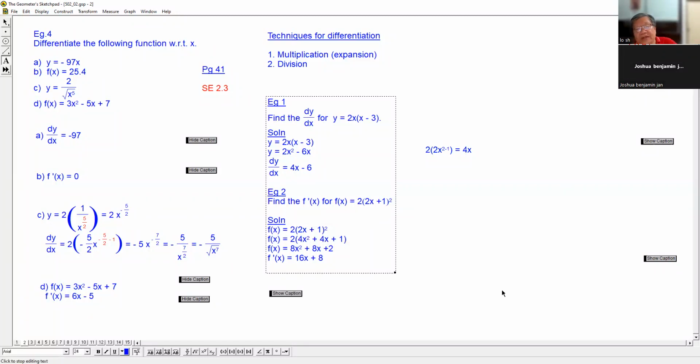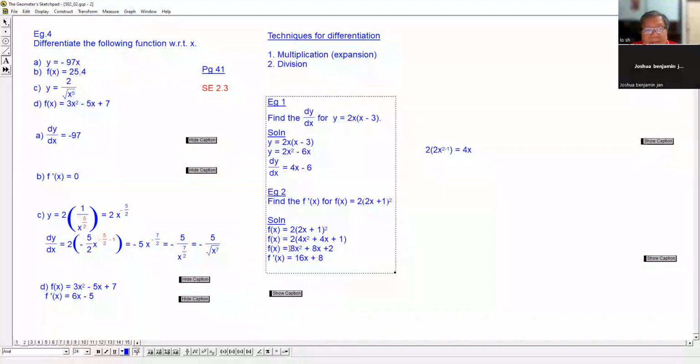So this is the quadratic, right? Then multiply the 2 inside. Because there's still a bracket there, you cannot differentiate. You have to go until there's no bracket, then you differentiate. So multiply inside: 8x squared plus 8x plus 2.